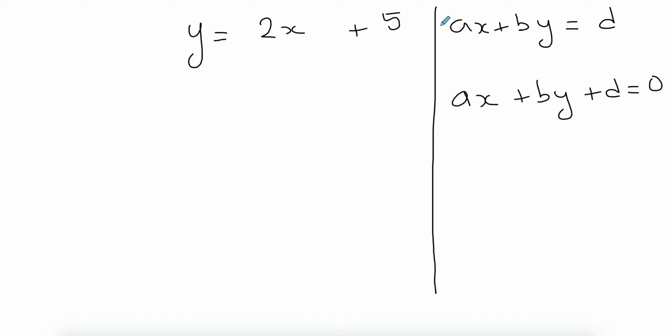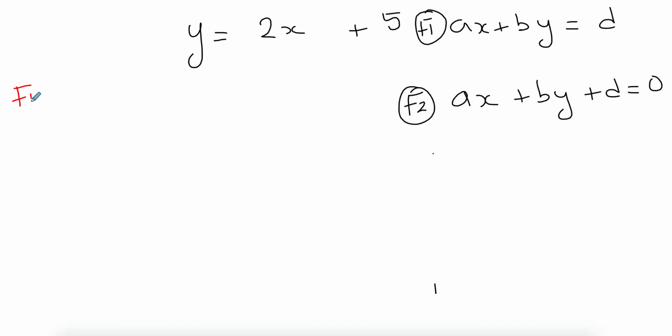Now, I'm going to label them as F1, so form 1, and F2, so form 2. First form and second form.